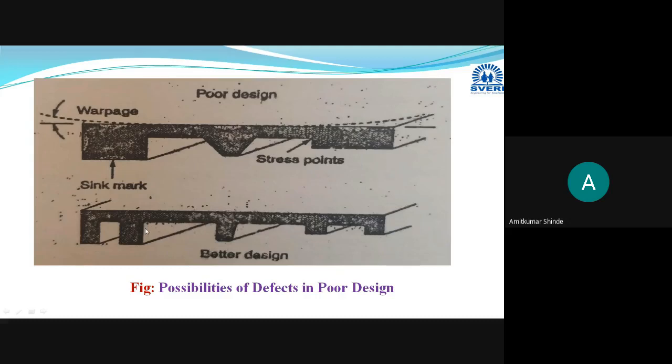This part will get repeated in the design of corners or radius. Why we are providing that radius will get repeated, just because sharp edges or corners create more stress points. Whenever sharp edges or corners are there, stresses will be more at that point. And whenever thick sections are there, warpage and sink marks are there. To avoid this, uniform wall thickness should be provided. This is the better design.